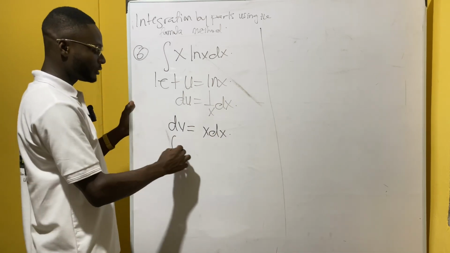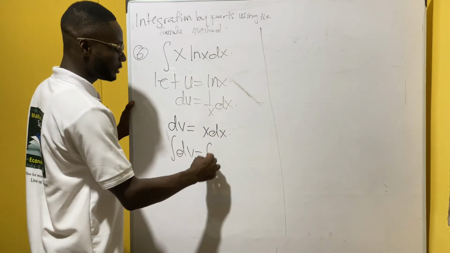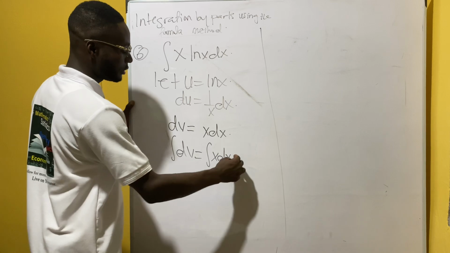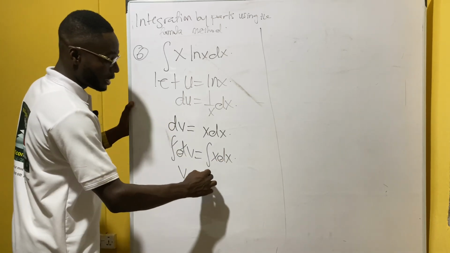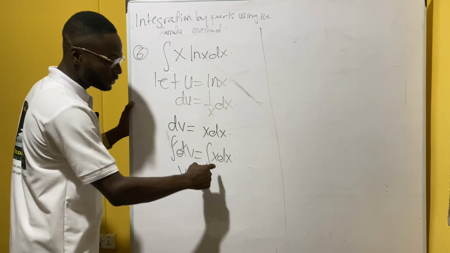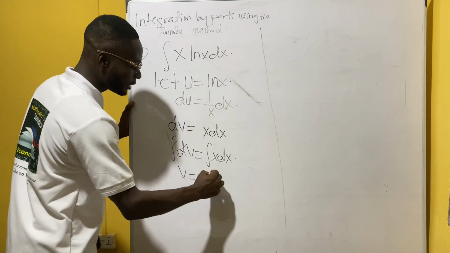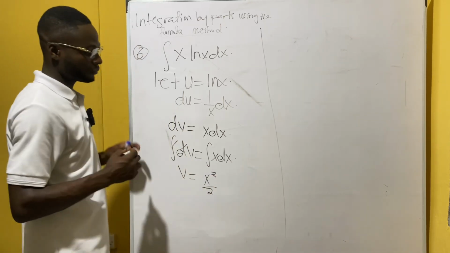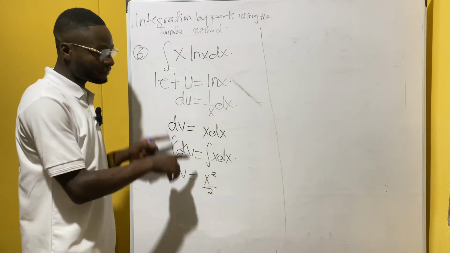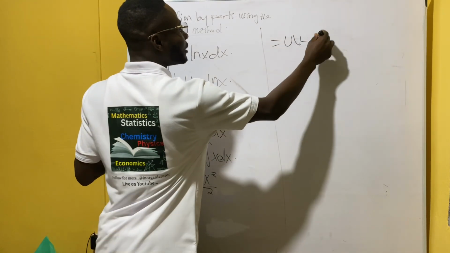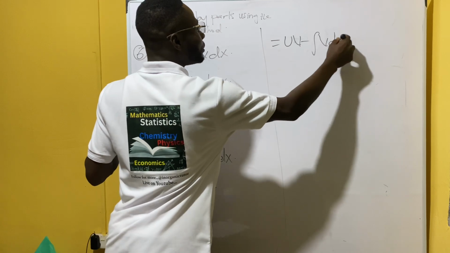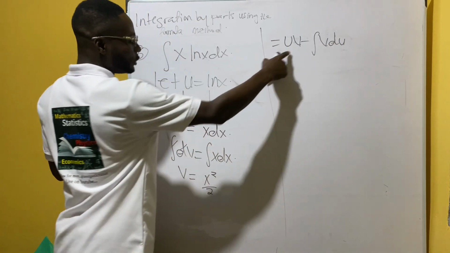So integrating both sides means that this takes off this, and you have v equals the integral of x with respect to x, which is x squared over 2, right? So now we have all the parameters, so you can say uv minus the integral of v du.